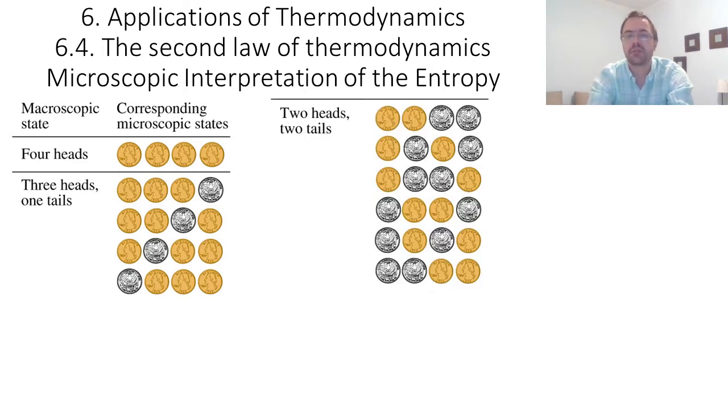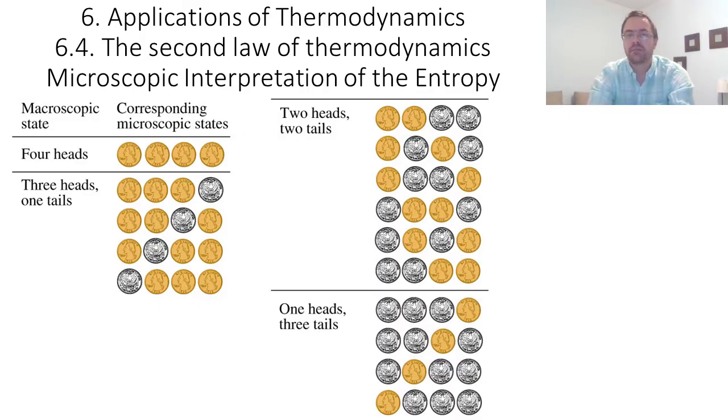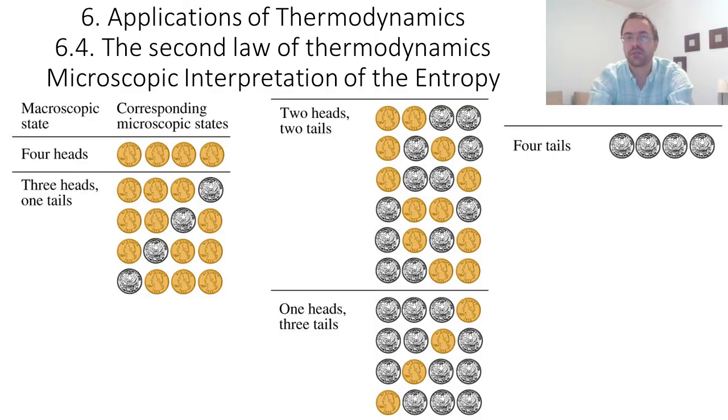Then if the macroscopic state is 2 heads and 2 tails, we have 6 possible microscopic states. And if the macroscopic state is 1 head and 3 tails, we have again 4 possible microscopic states. And finally, the last possible macroscopic state is to have 4 tails, and in this case, there is only 1 microscopic state.